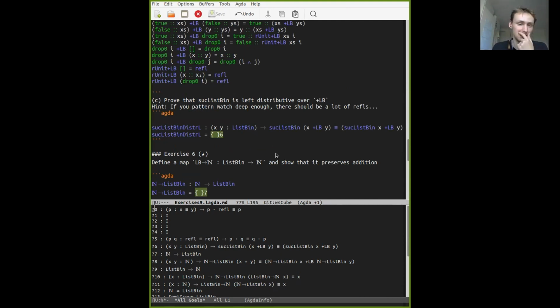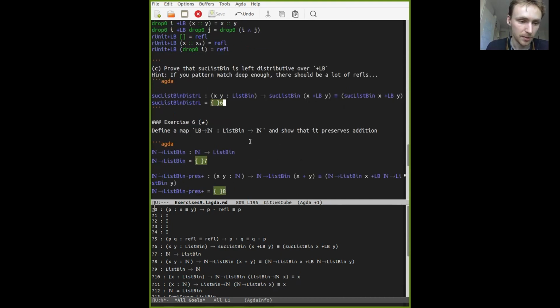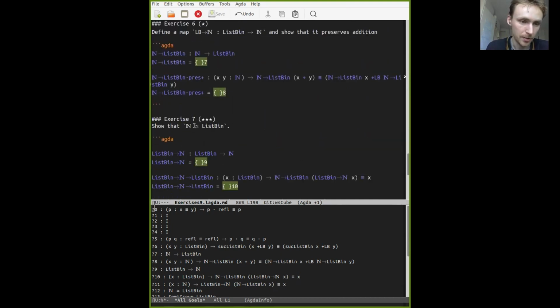Okay, so a lot of these other ones you'll prove in the exact same way, just deep pattern matching. You should be able to see what to do for most of them. Some of them are a bit harder. Showing that natural numbers equal the binary numbers is a bit hard, but it's doable if you have the right lemmas. You can look in the solutions that I've uploaded.